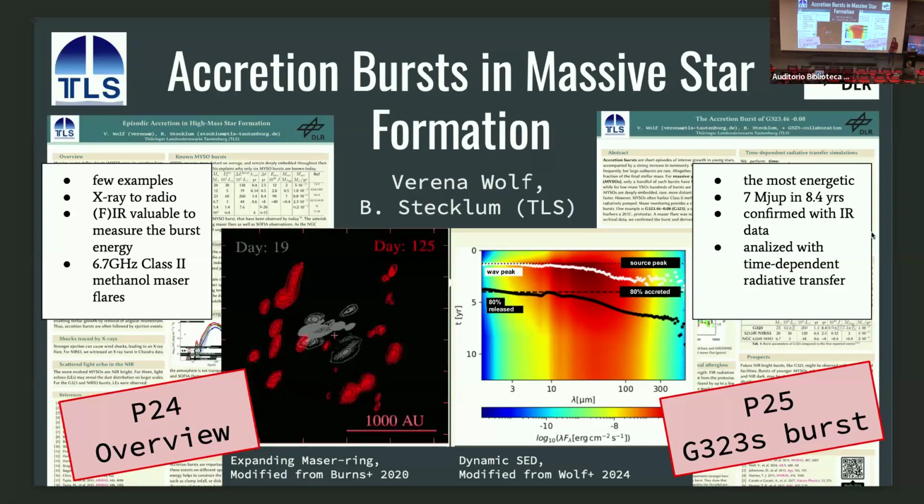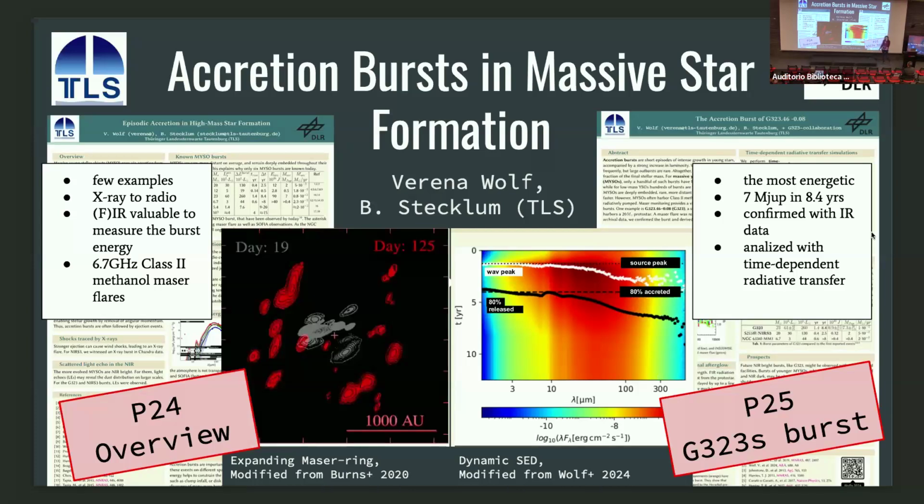an outcome of the simulations I do. So I do time-dependent radiative transfer simulations. Basically, I look at the thermal emission of the dust and how it heats up. And this is the flux density in color as a function of wavelength. So from the hottest dust in the near infrared to the coldest in the far infrared.